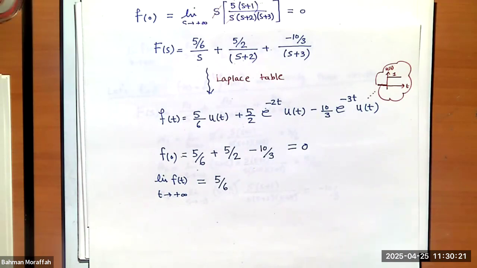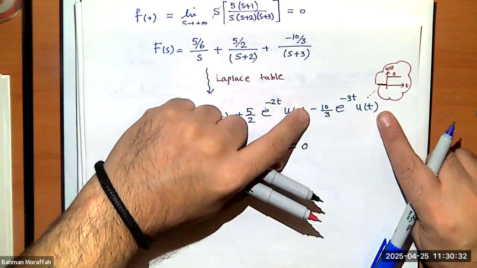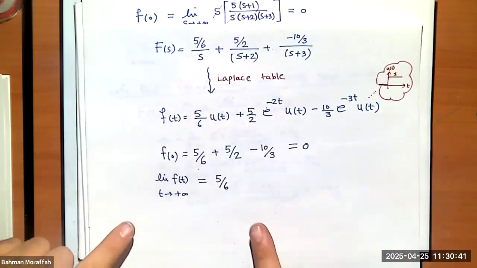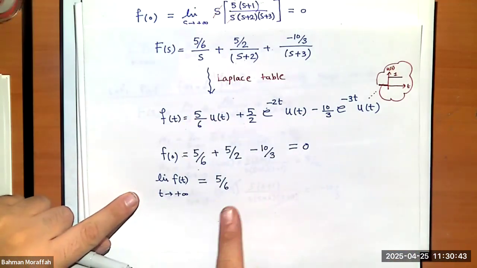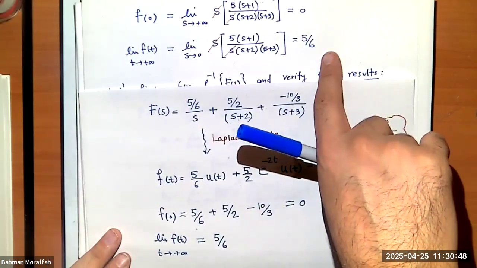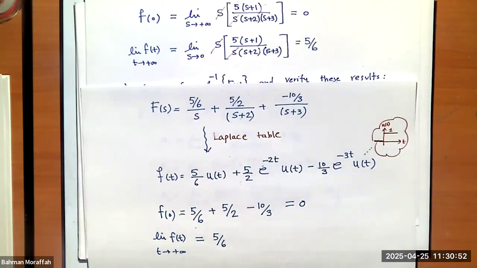If t goes to infinity, this exponential decays and approaches 0. So this term is going to be 0. How about this term? Again, that's just an exponential. It's going to die down and become asymptotically 0. So this term is also 0. So the limit is 5 over 6, which is exactly the same as what we found. So the theorem is actually true.